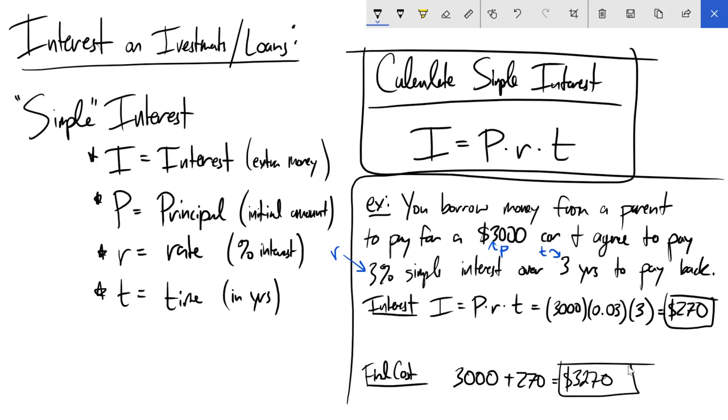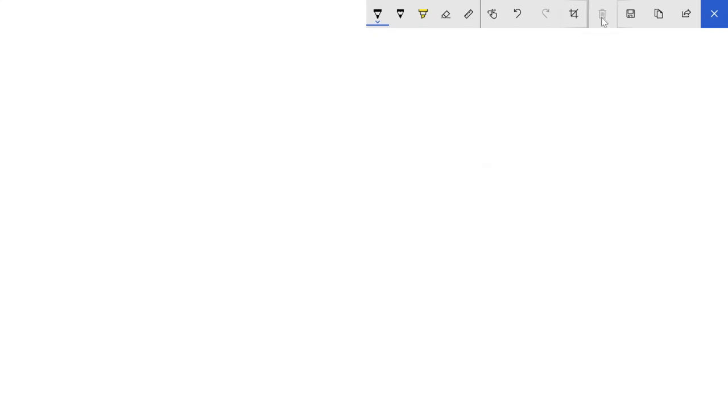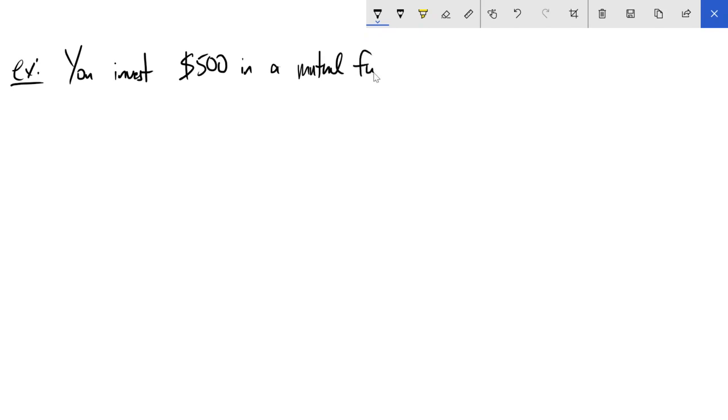All right, so then similarly, this works for investments. So let's say that you decide to invest, say, $500 in a mutual fund.